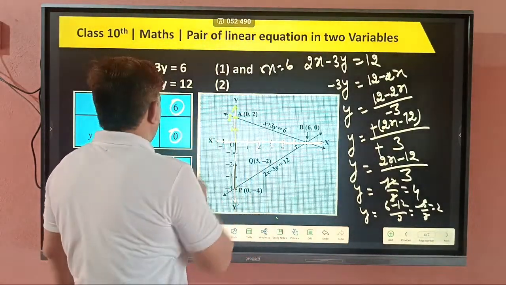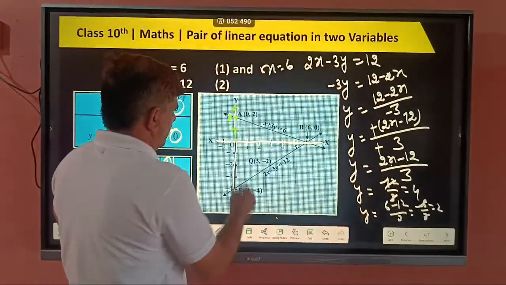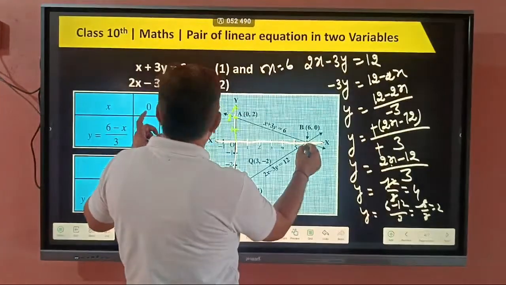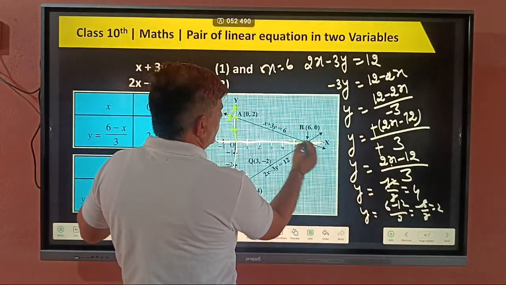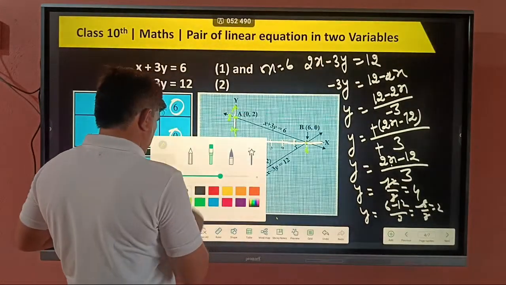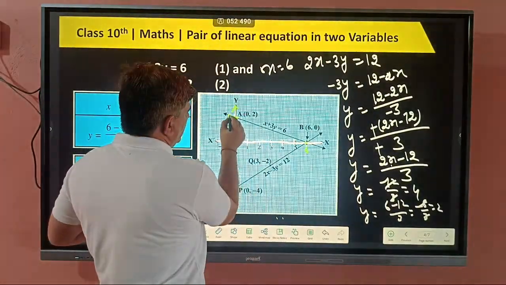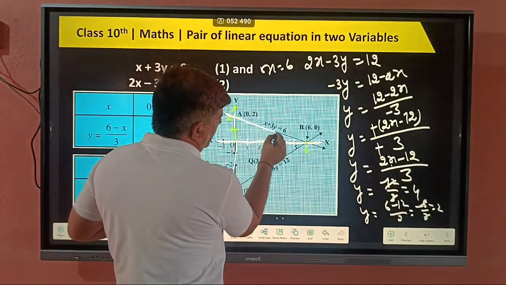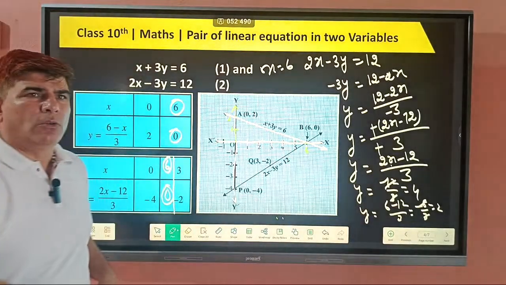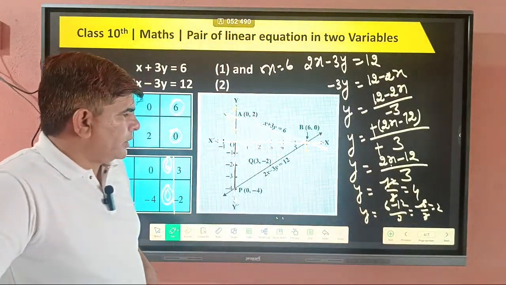Then x equal to 6: on the x-axis, this is 4, 5, this is 6, and y equal to 0. So we draw the graph like this. So this is a line.